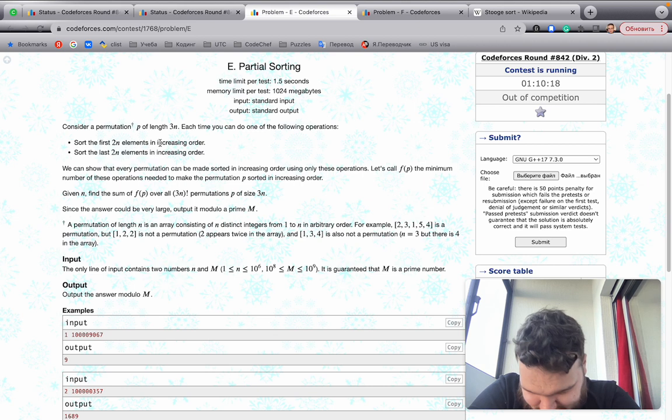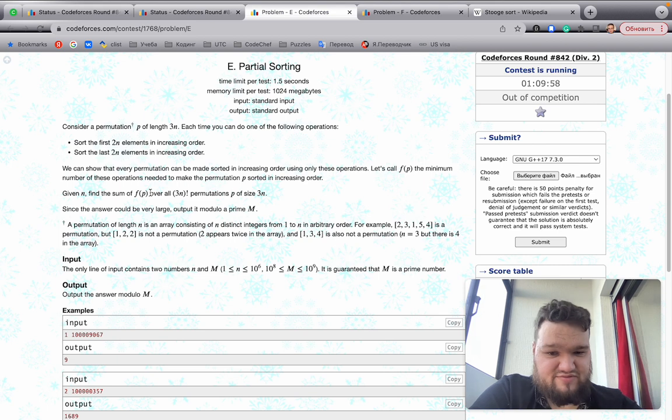We can actually see that it doesn't make sense to make the same operation twice in a row, because the second one will do exactly nothing. We know that f of p is at most 3, and in most cases it will be equal to 3. We need to understand in how many cases it is 0, 1, and 2. Well, 0 is easy.